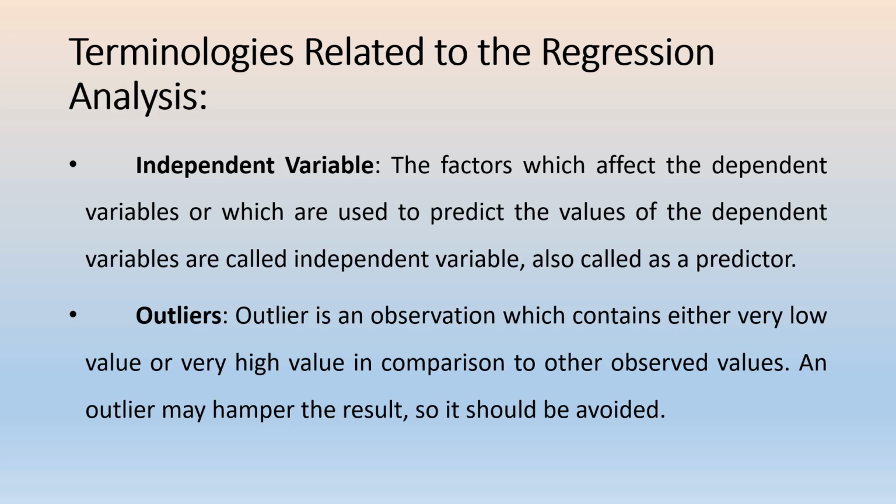So we should avoid the outliers in supervised learning. Various issues may arise, like accuracy reduction, and true positive and false positive values vary whenever we have these outlier values, so we should avoid them.